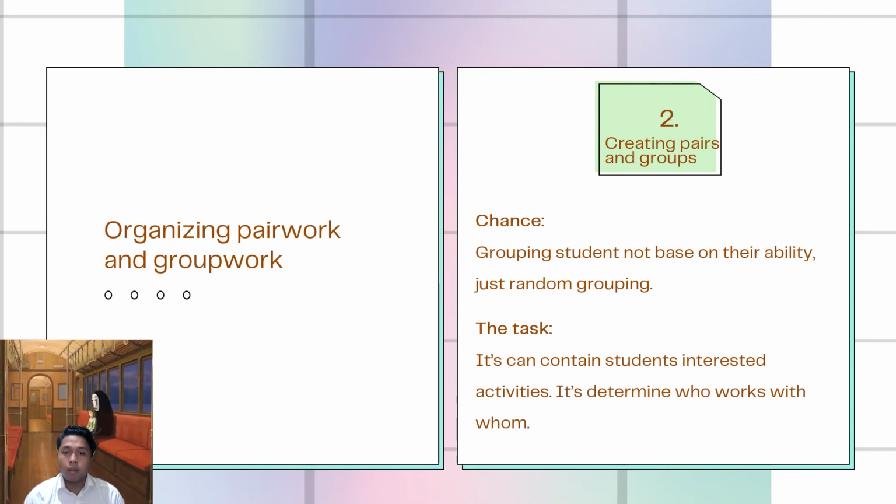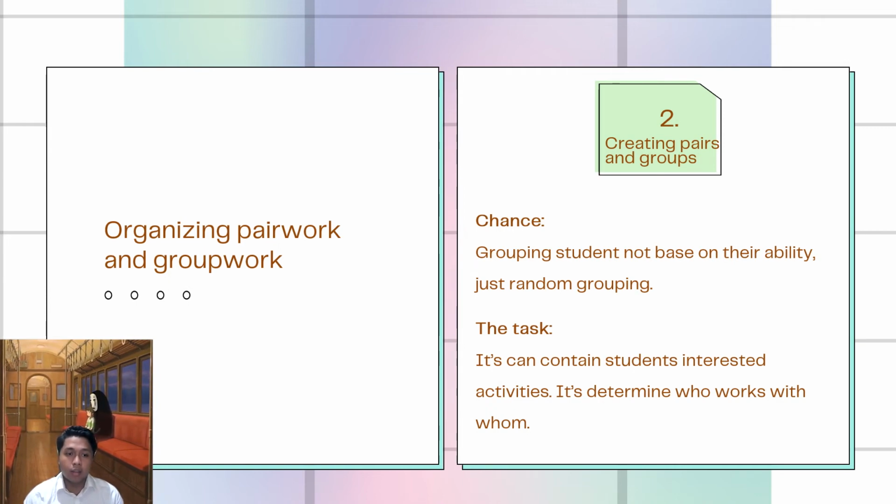Maybe in one group there are a lot of students that have a stronger ability, and the other group has a lot of students of weaker ability. So the grouping is not going to be equal, but it is one of the must-try methods because we can see the ability of the student by randomizing them in one group.